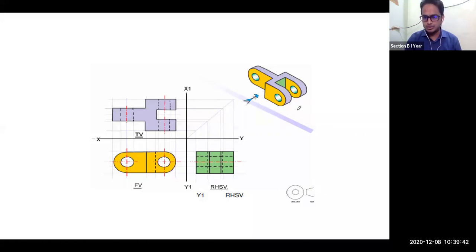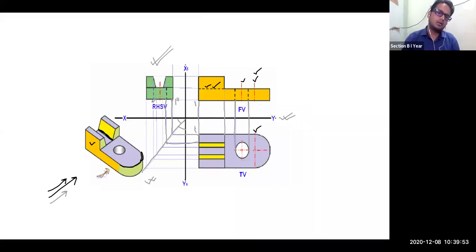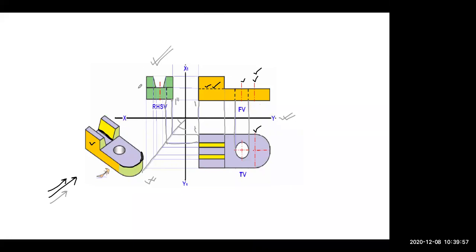You can unmute yourself, 1017. Which figure are you talking about? This figure. Yes, sir. You want the explanation of this RHSV? Yes, sir. In the RHS, we also have a semicircle, no, sir?